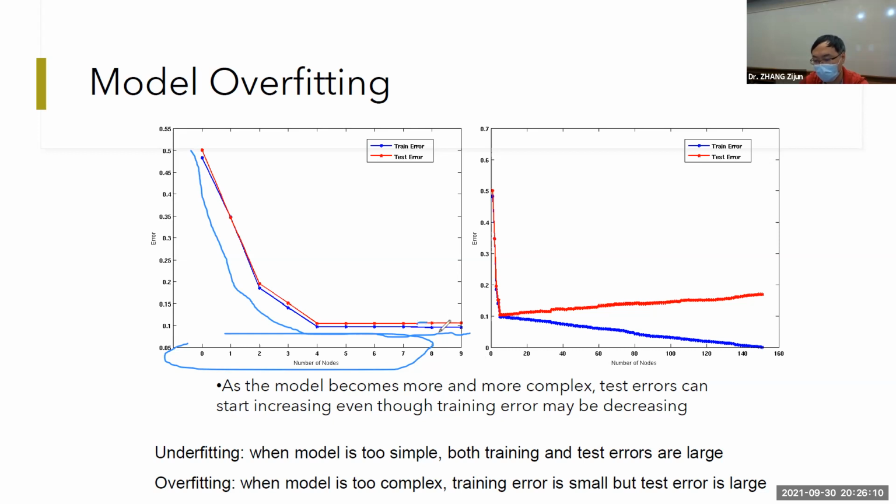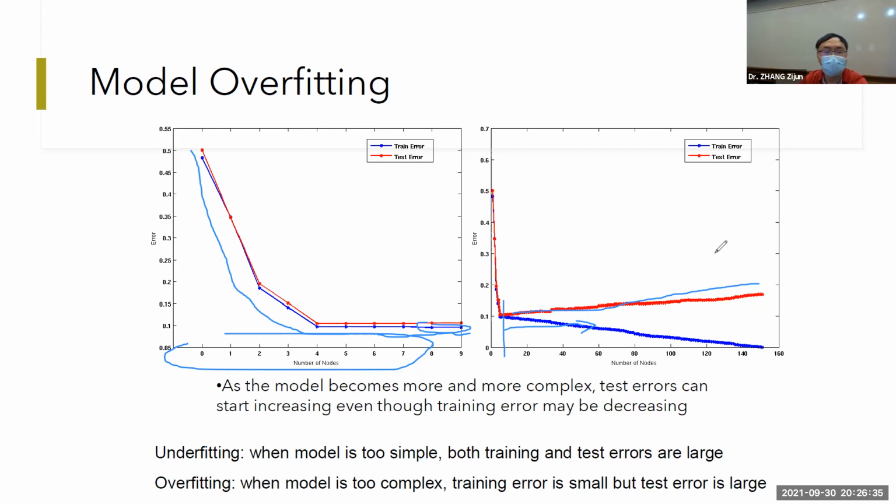At node 9, this gap slightly increased. The problem comes after node 9: when you further increase the nodes, although the training error continuously decreases, its testing performance becomes worse. The testing error increases.